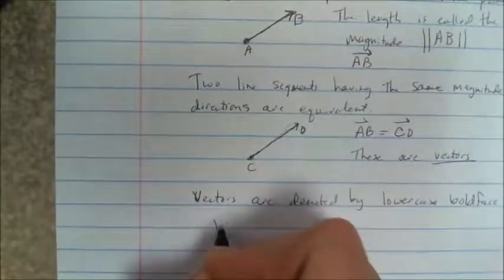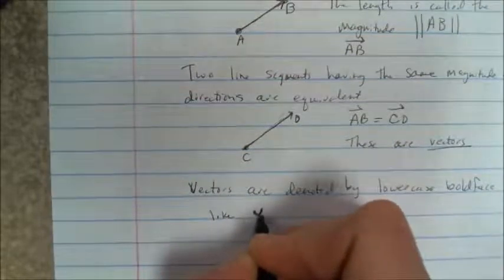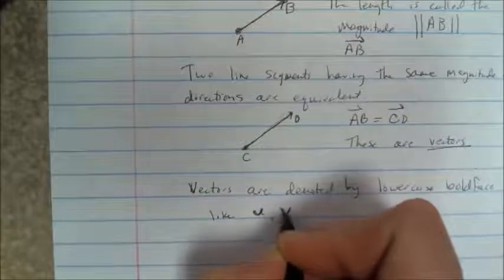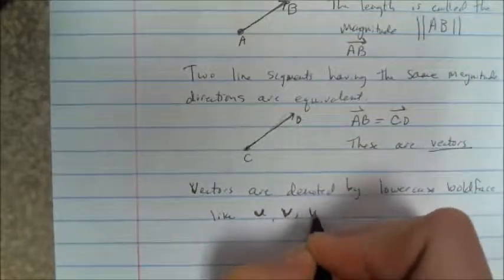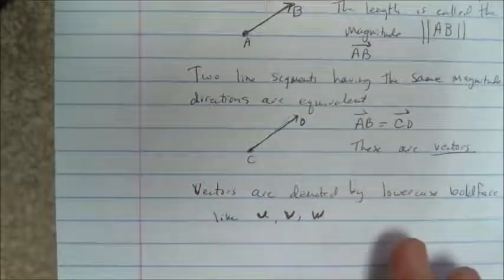Like, if you read it in a textbook, it would be like a U or a V. They're in boldface, W. So anything that is in bold, lowercase, usually they're talking about a vector.